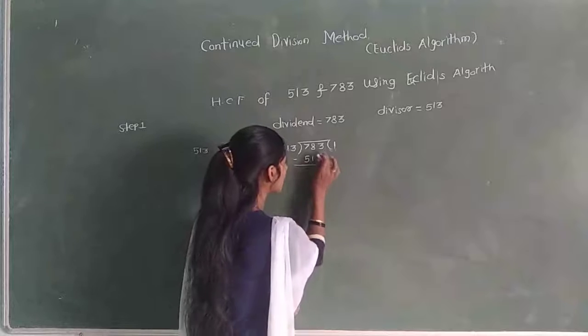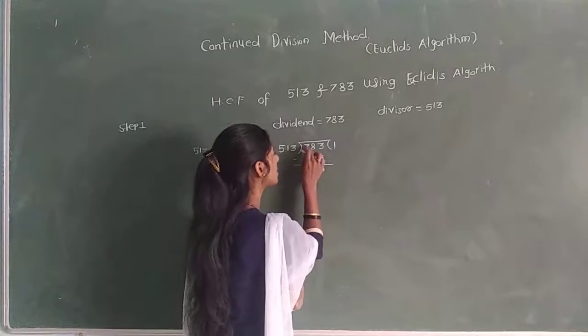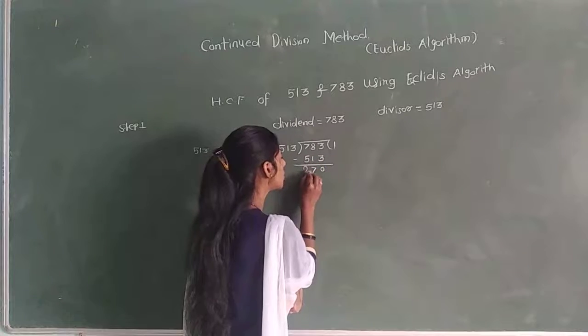Now subtract: 3 minus 3 is 0, 8 minus 1 is 7, 7 minus 5 is 2.